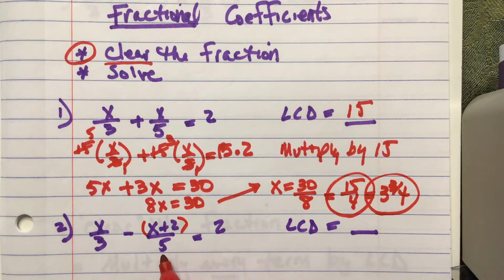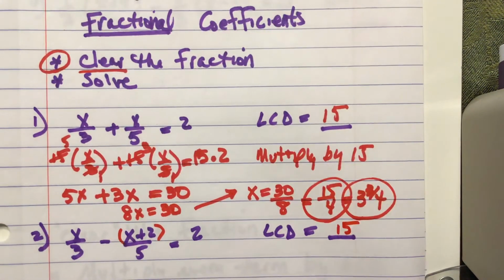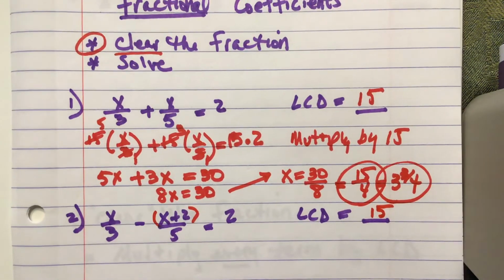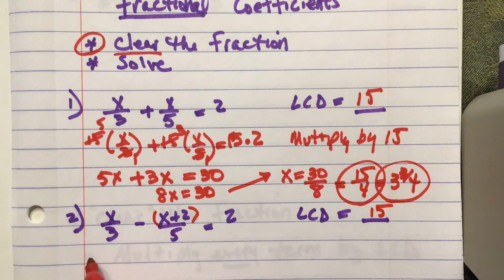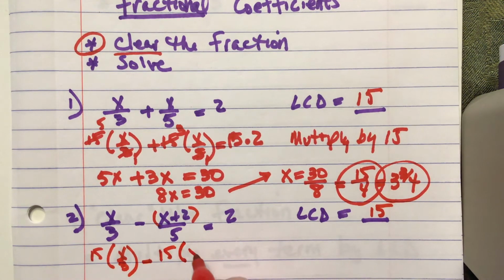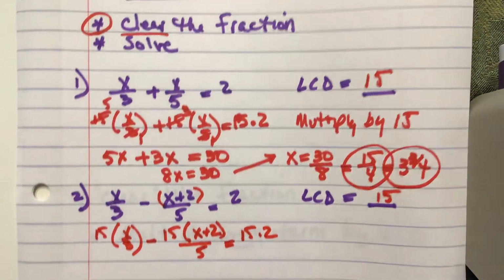And I have the denominators 5 and 3, so again my least common denominator will be 15. So in order to clear the fraction, I'm going to multiply everything by 15. So 15 times x over 3 minus 15 parentheses x plus 2 over 5 is equal to 15 times 2.